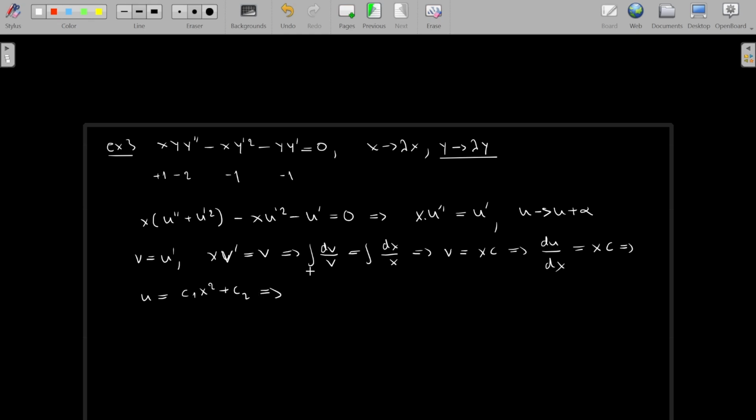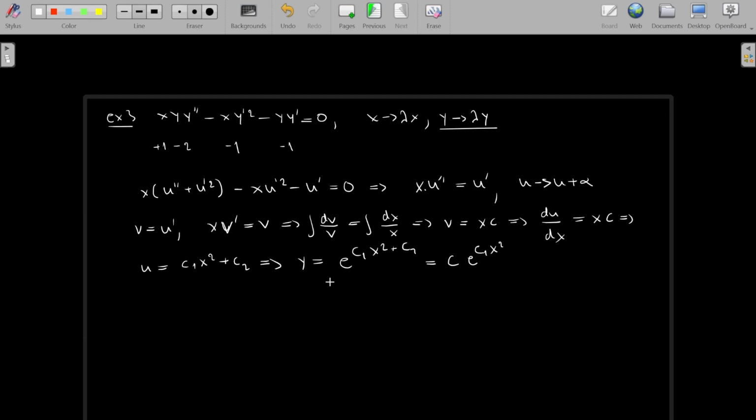Or finally, the solution is going to be e to this. So e to c1 x squared plus c2. Or if you rewrite it, a constant times e to the c1 x squared. Right? Now, another example.